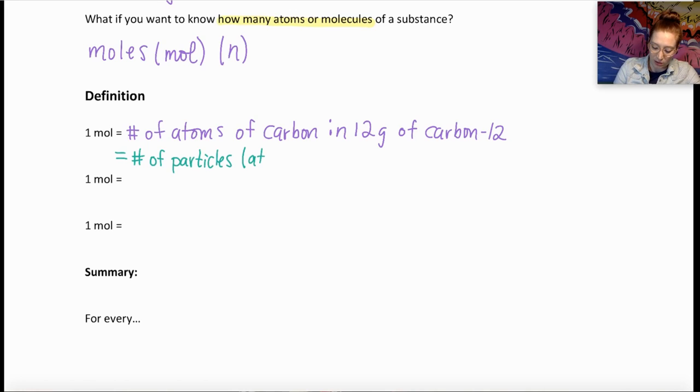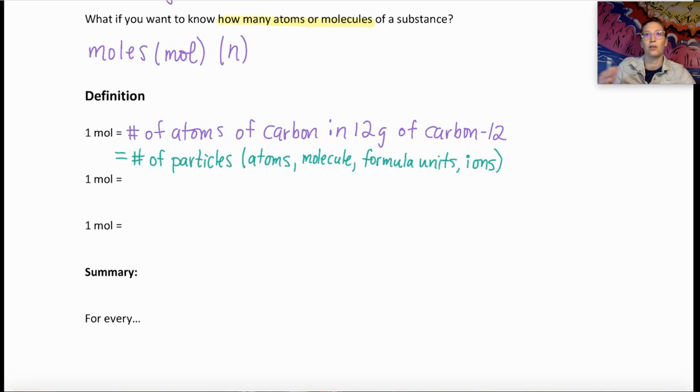Just like we've been looking at so far this year, a particle could be an atom, it could be a molecule, if we have a compound. Sometimes we're also going to call those formula units. And then we're also going to talk about particles called ions. So anytime you're looking for the number of those things, we're going to use this unit of the mole.